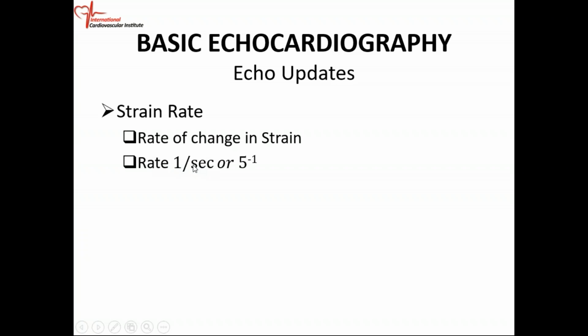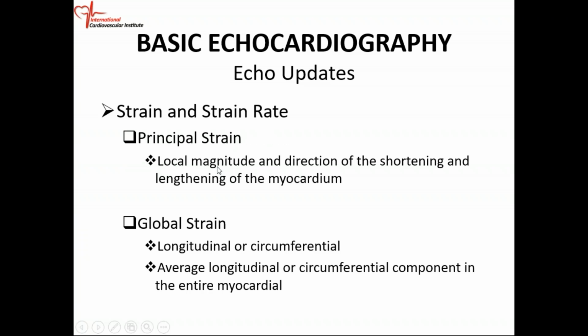So it would be second to the minus one. We're going to concentrate mainly on strain, and as we have said before, if we're talking about longitudinal strain, then it's a local magnitude and direction, the shortening and lengthening of the myocardium.